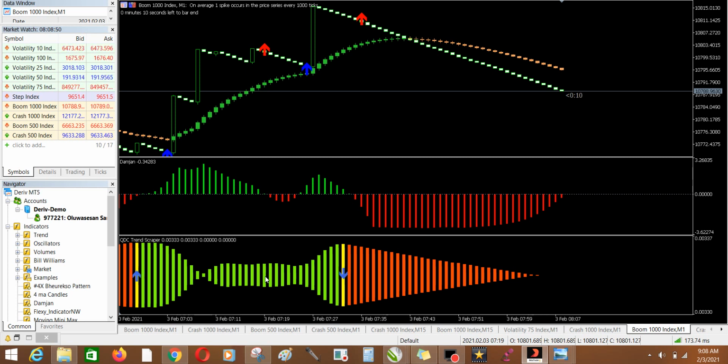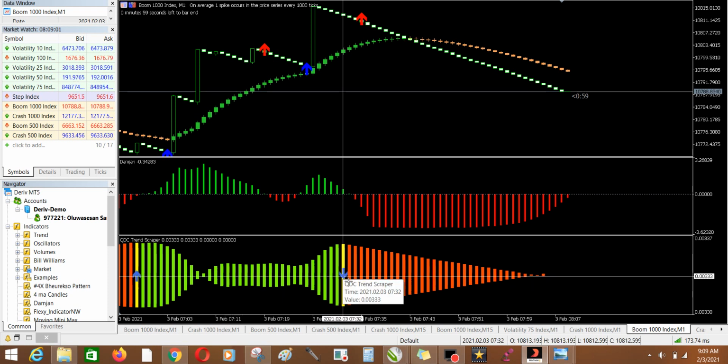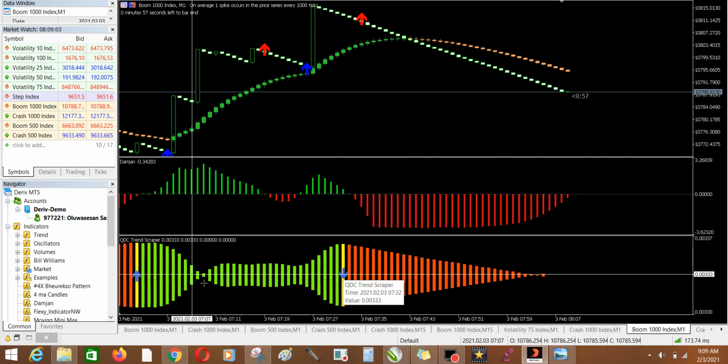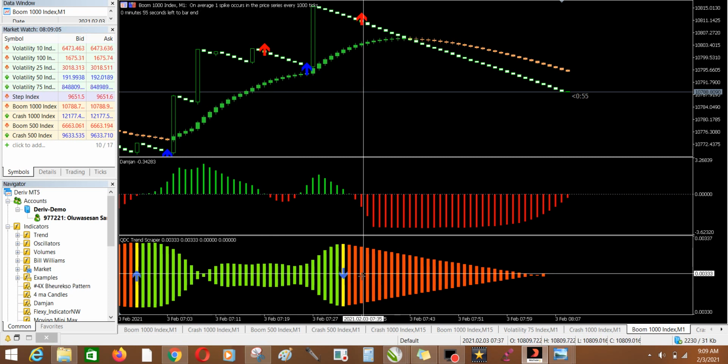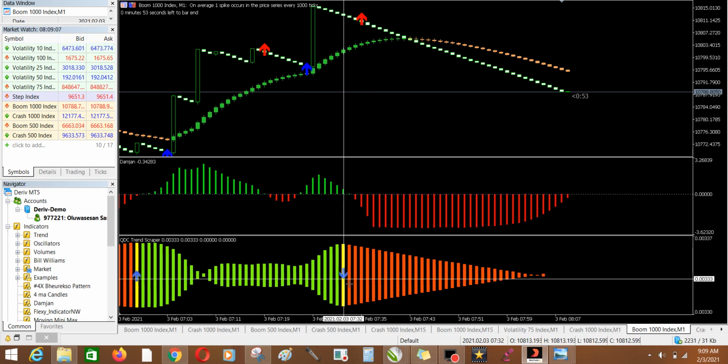I'm going to do a whole video about this to explain how you can use it successfully. Okay, check this out. You will hardly see an arrow popping out on the third indicator window, but each time you have it, you should know that you should be ready to go into the market.